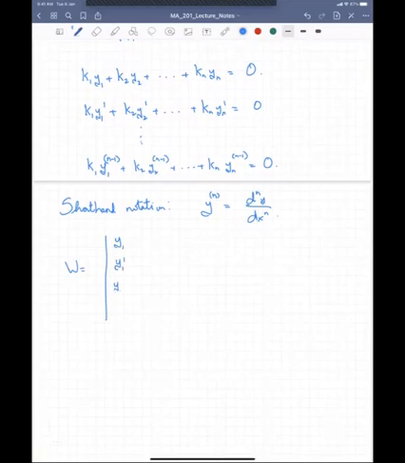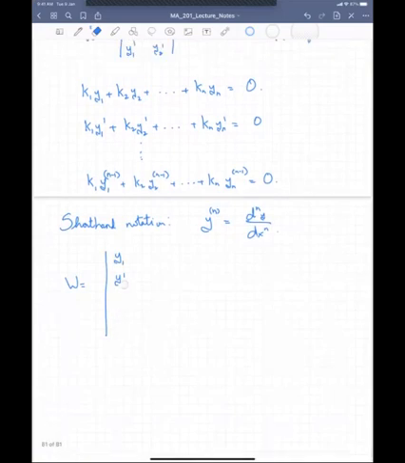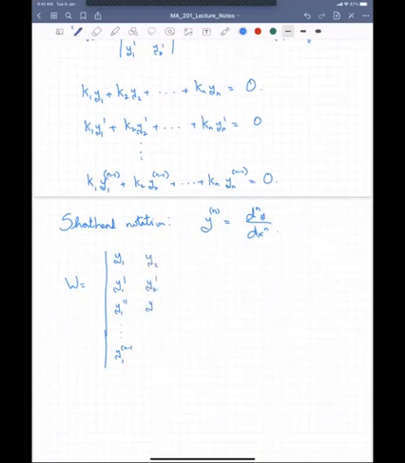Y1, y1 prime, y1 double prime, all the way till the n minus 1th derivative. So arrange the columns this way, and you keep going. This is obviously an n by n matrix.